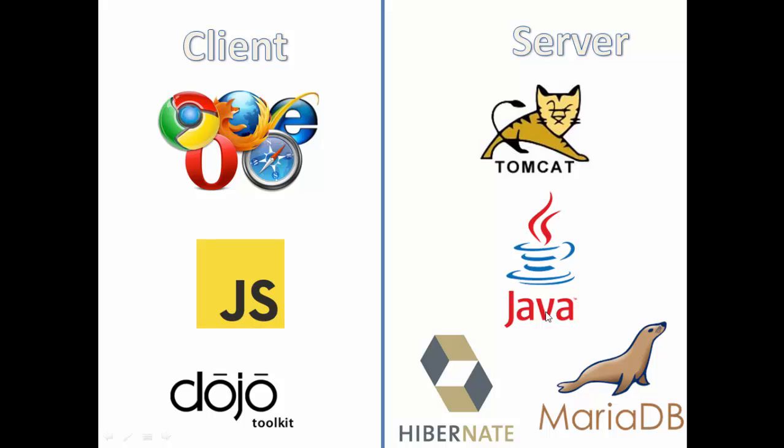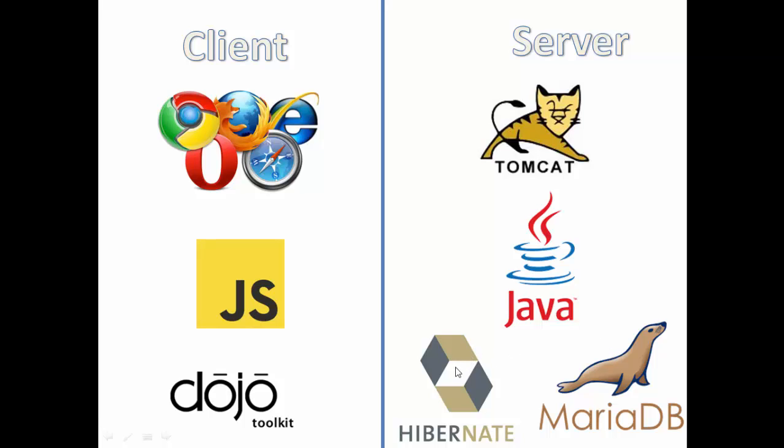Now on the Java side, which is also on the server, there's MariaDB. This is pretty much becoming the standard for databases for the web. MariaDB or MySQL. MySQL is managed by Oracle, so MariaDB is still a free and open standard that we have. So it's a database I recommend.